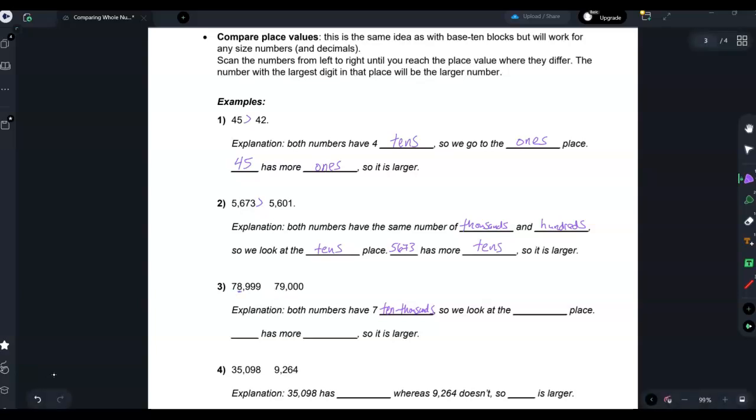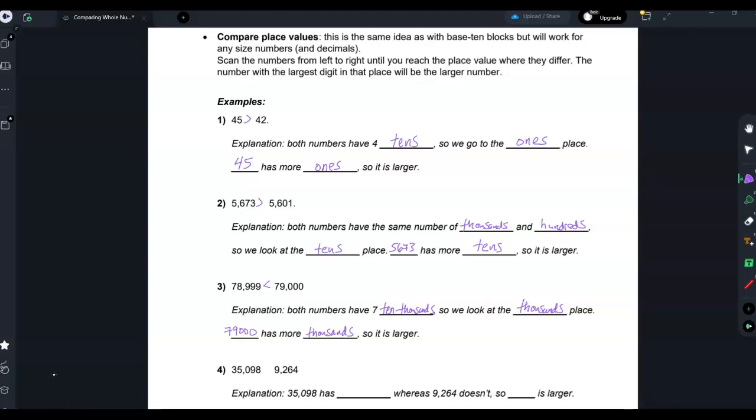So we just keep moving to the right, and that is not the same, so we can go ahead and look at the thousands place. And in this case, which one has more thousands? 79,000 has 9 thousands, whereas the 78,999 only has 8 in the thousands place. So that means 79,000 is the bigger one, so I'm going to use a less than symbol there.